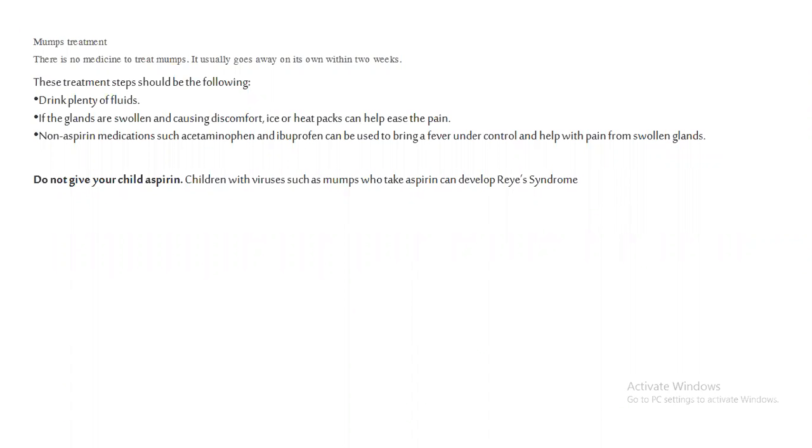Mumps treatment: there is no medicine to treat mumps. It usually goes away on its own within 2 weeks. These treatment steps should be followed. Drink plenty of fluid. If the glands are swollen and causing discomfort, ice or heat packs can help ease the pain.